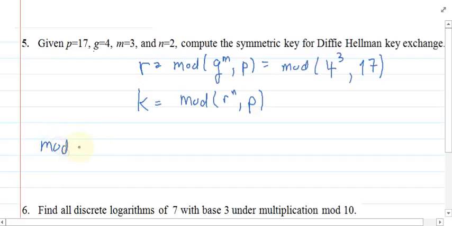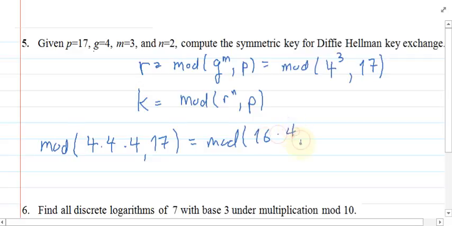A fast way to do that, I can write that as 4 times 4 times 4 mod 17. Now that's equal to 16 times 4 mod 17. Now 16 is the same as minus 1, so I could write that as minus 4 mod 17. Now minus 4 mod 17 is the same as 17 minus 4 mod 17, which is equal to 13.